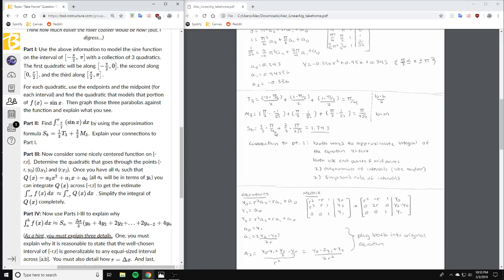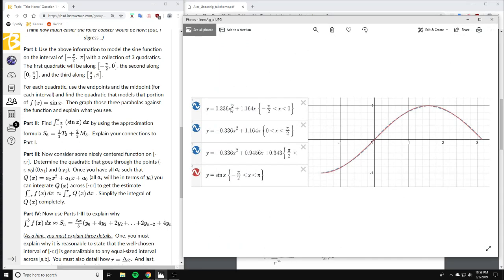So the last step for part 1 is to graph these 3 parabolas against the function and explain what we see. So in our Desmos picture right here, we can see that we have our first equation, second equation, and third equation in blue, and our actual equation of y equals sine x in red.